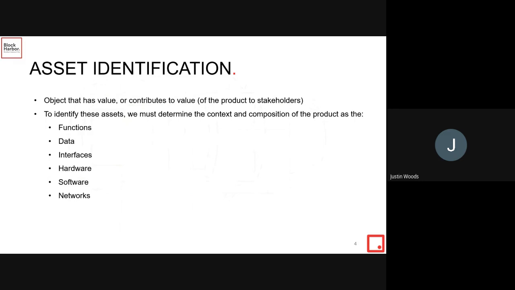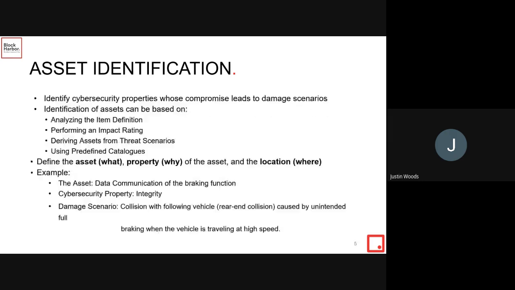All this is saying is look at the feature that we're going to be creating a TARA for, or the whole vehicle, and look at what parts there might be attacks on, and how that might end up being a damage scenario, and determine off of that what you would consider to be an asset that has value if compromised.